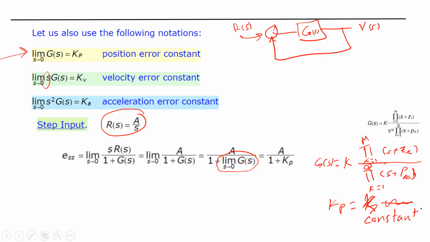Now, if Kp is constant, what will the steady state error be? It will be A over 1 plus Kp, which is, again, another constant.